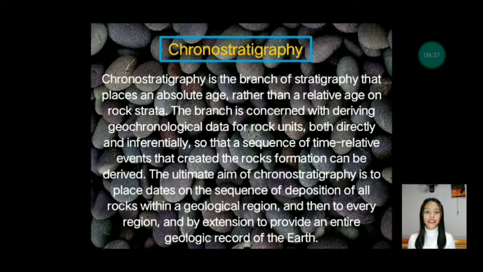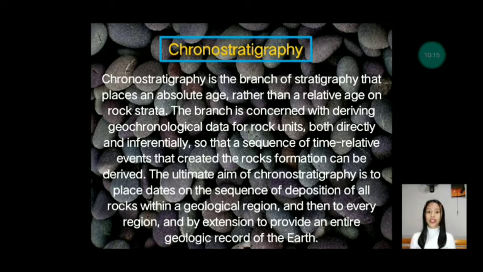And the last subfield related to stratigraphy is chronostratigraphy. Chronostratigraphy is a branch of stratigraphy that places an absolute age rather than a relative age on the rock strata. The branch is concerned with deriving geochronological data for rock units, both directly and inferentially, so that a sequence of time-relative events that created the rock's formation can be derived.